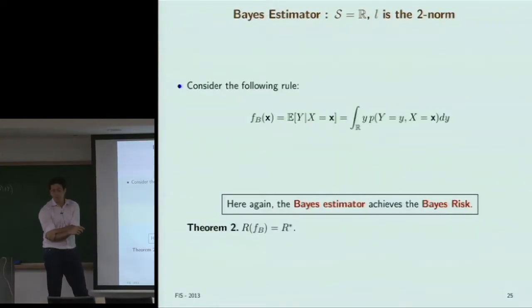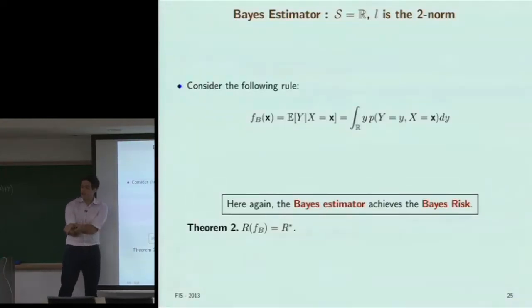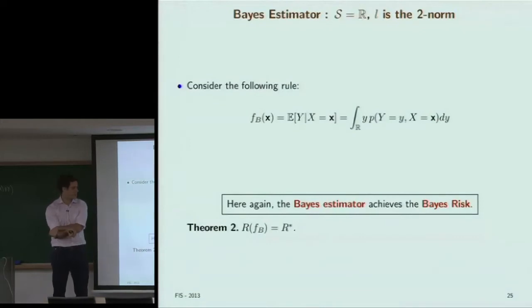Suppose that the output is a set of real numbers, and suppose that the loss is the 2 norm, the least squares. So here's an additional reason why it's interesting to use the regression setting of orthogonal least squares.